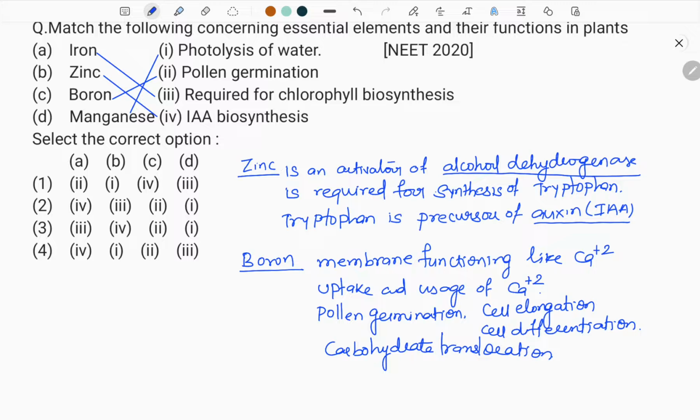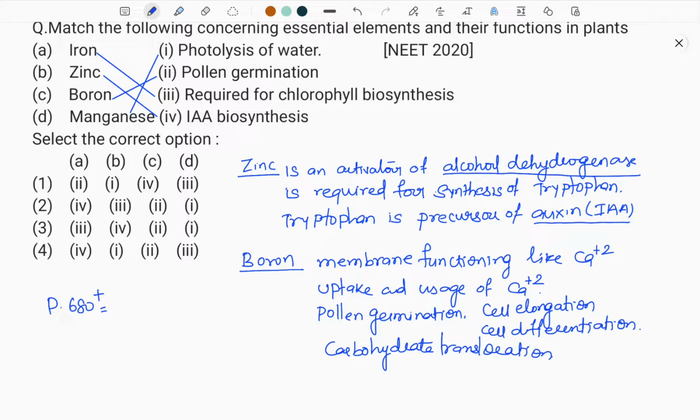We know that during the non-cyclic electron transport, in the presence of sunlight, the chlorophyll molecule gets excited, and that P680 plus loses an electron and becomes a cation.